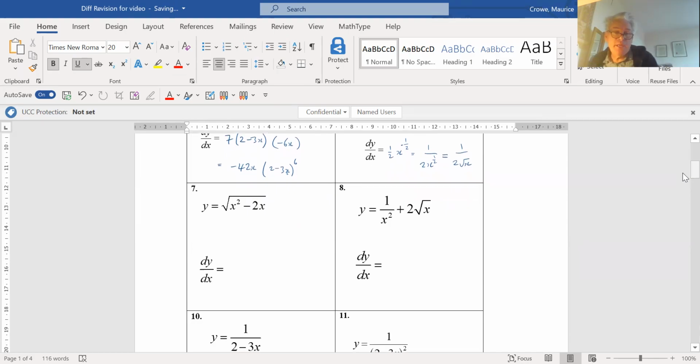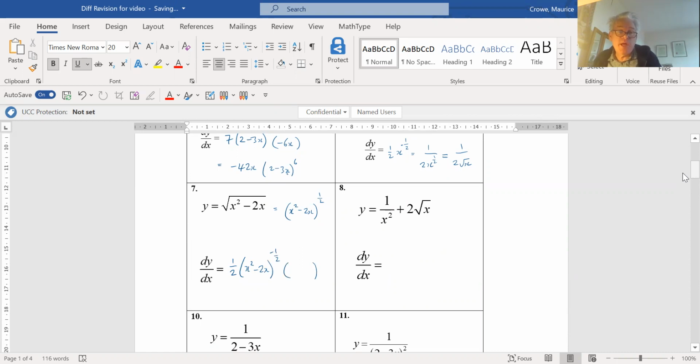Now moving down, same idea here, but that will be x squared minus 2x all to the power of a half again. The derivative then: a half, x squared minus 2x to the power of minus a half.